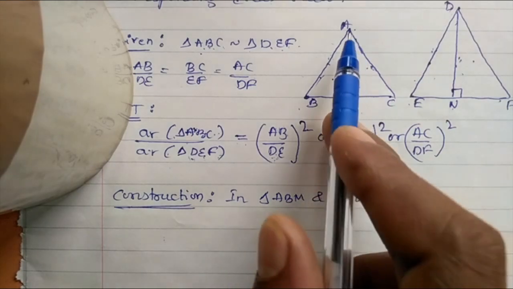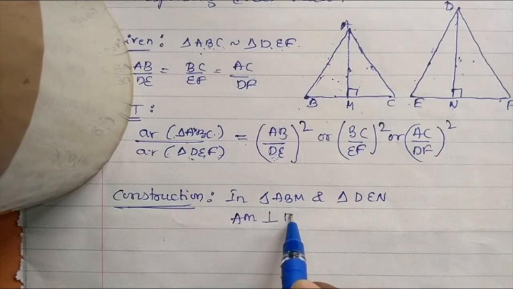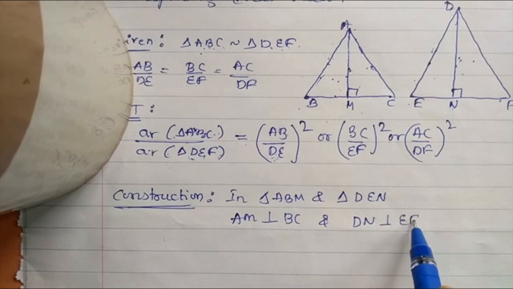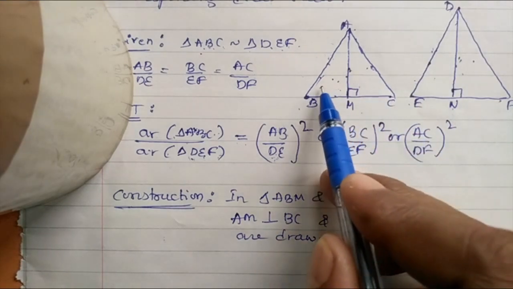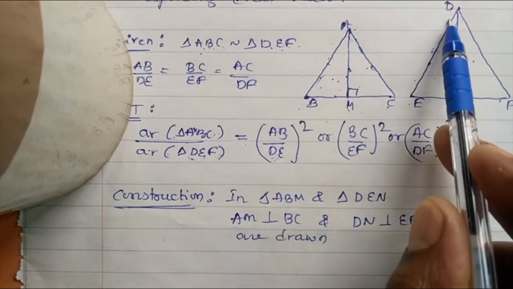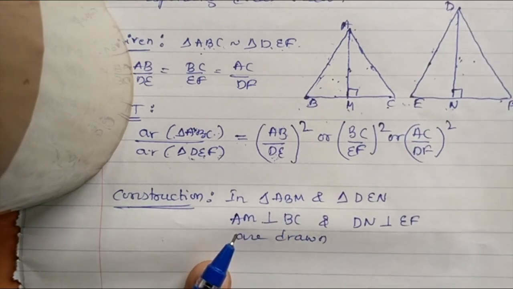In triangles ABM and DEN, AM perpendicular to BC and DN perpendicular to EF are drawn. These two we constructed.